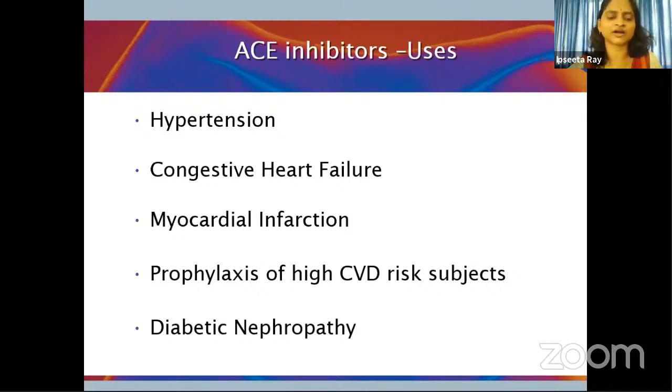In myocardial infarction, within the first 24 hours, ACE inhibitors have been shown to reduce the mortality which is associated with MI. Then in certain high-risk patients who have cardiovascular risk, ACE inhibitors have been known to reduce the incidence of stroke, and they are nephroprotective. They reduce albuminuria. So in diabetic nephropathy also they are indicated.